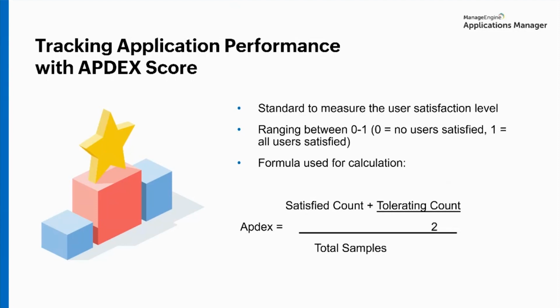The formula used for calculating Apdex is: the total samples, which is nothing but the total number of user transactions. The sum of the satisfied count and half of the tolerating count over the total samples will give us the value of the Apdex.